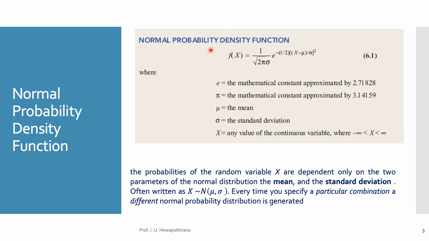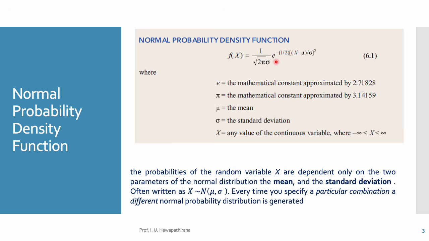Now this is the normal probability density function, the PDF of the normal distribution. f(x) is equal to 1 over sigma square root of 2 pi times e to the power of minus half multiplied by (x minus mu over sigma) whole squared.